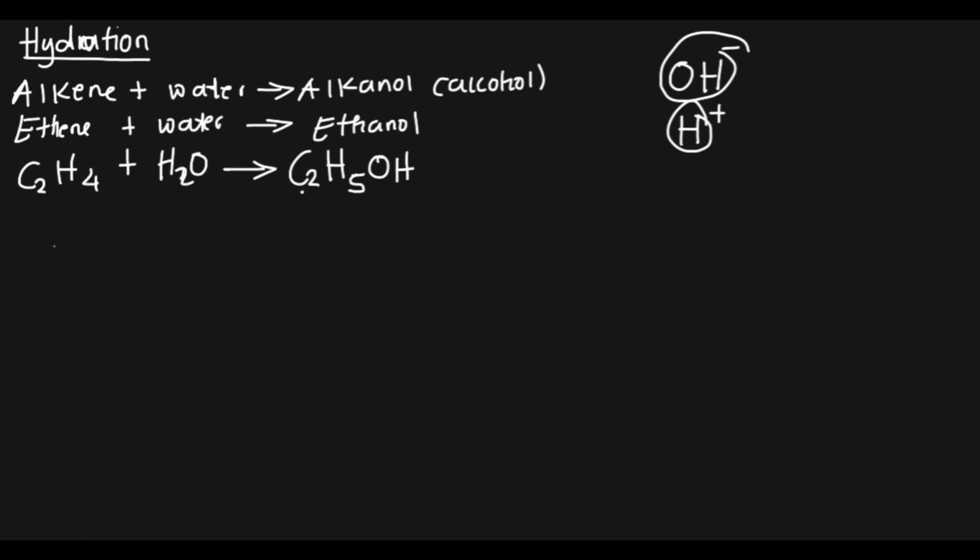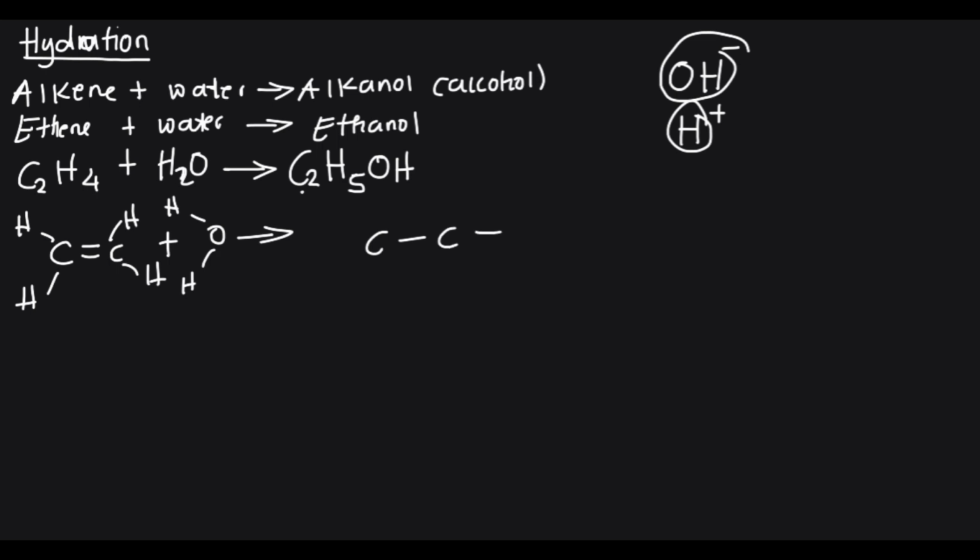But for the structure, we have this, plus we have water. Then we are saying the double bond must break. So if we have now the single bonds, make sure each carbon has 4 bonds.